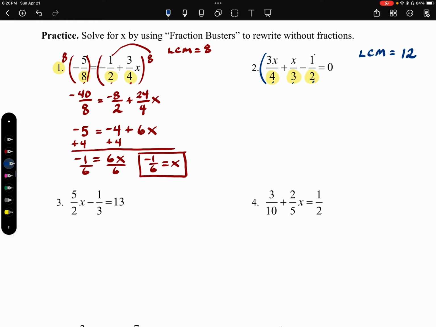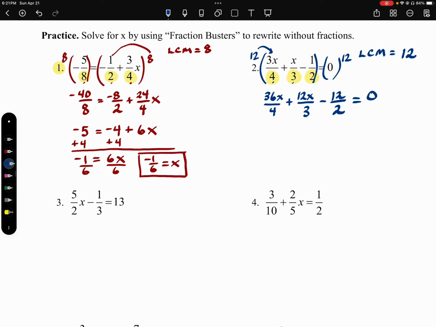So let's multiply both sides of the equation times 12. So 12 times 3x is 36x, still over 4, plus 12 times x is 12x, still over 3, and then minus 12 times 1 is 12, still over 2, and that equals 12 times 0, which is 0.